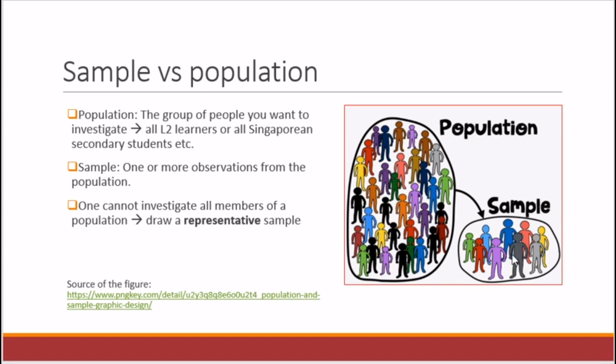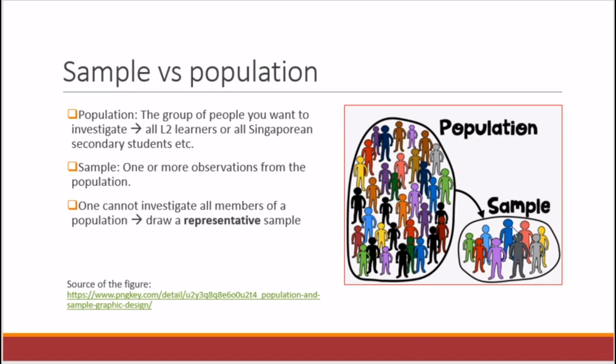Because it's a lot more convenient to have multiple observations from the population rather than to go around and investigate everybody in that population, because this is not very practical under many circumstances unless you have a huge amount of budget. So samples are a number of people or observations who or which have been drawn from a population through different approaches.